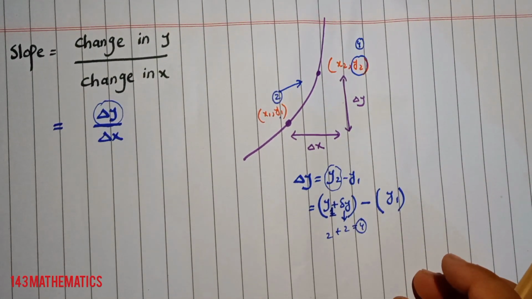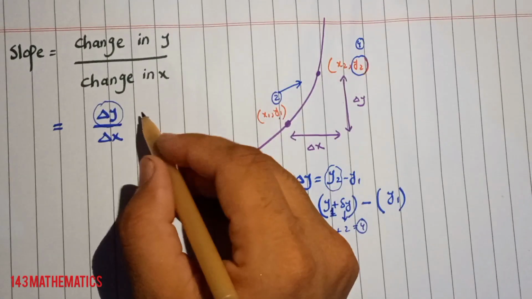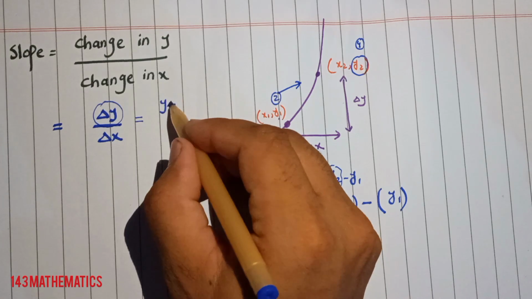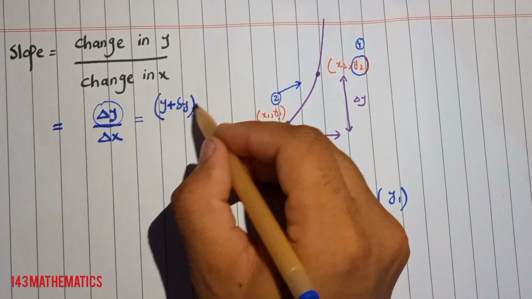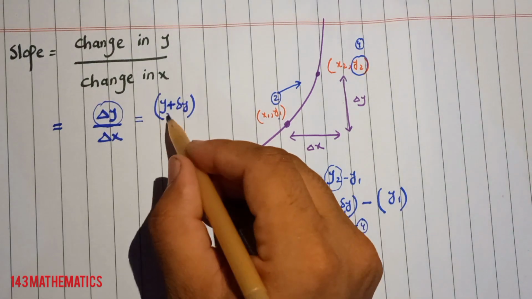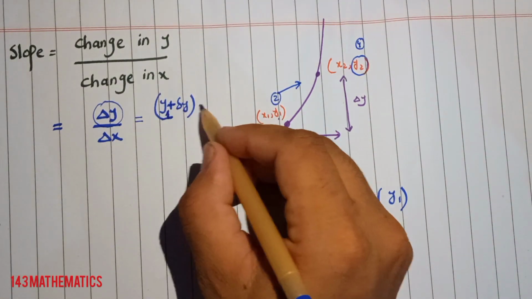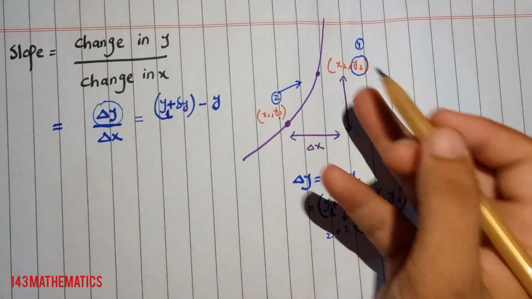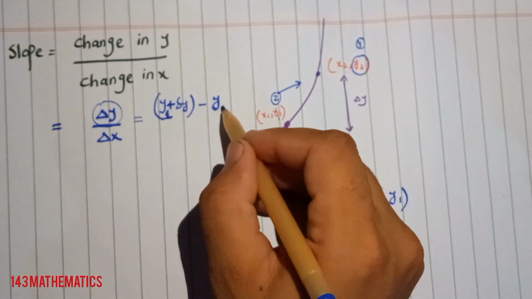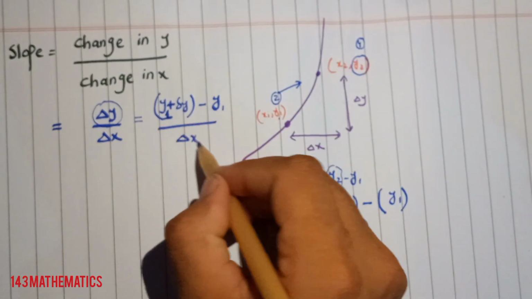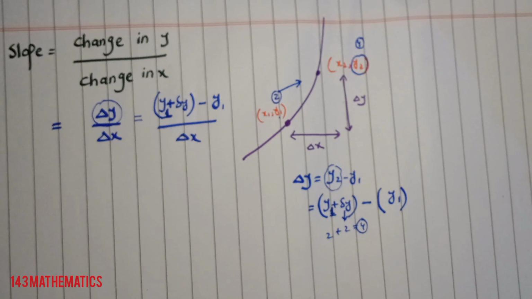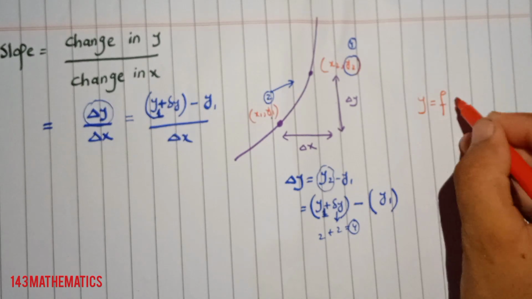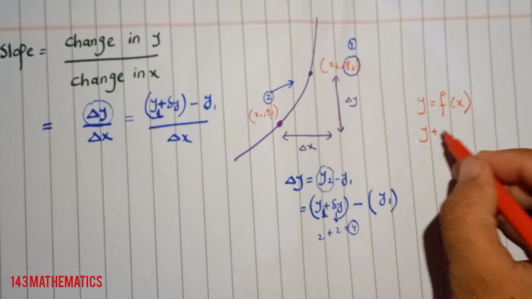So similarly we will apply this concept here. Del y can be written as y plus del y minus y, which is y2 minus y1, over del x. In simple terms, if we write y is equal to f of x, the changed y is y plus del y.